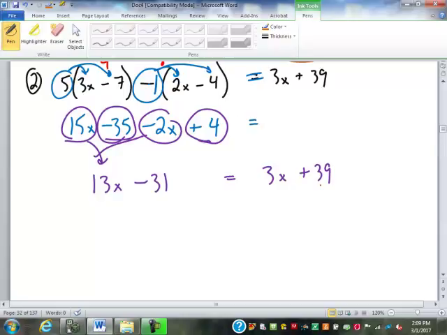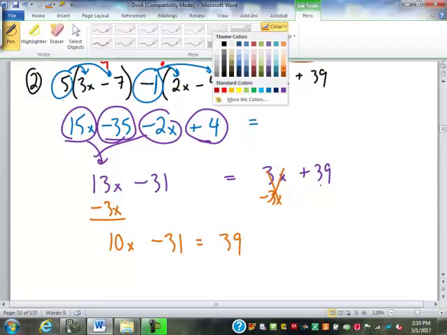Remember, we can't start to actually solve it until we have it simplified to the point where the variable appears only once. And right now, the variable appears twice. There you go. We get rid of one of them because they're on each side. So we subtract 3x, that is gone. 13x minus 3x is 10x minus 31 equals 39.